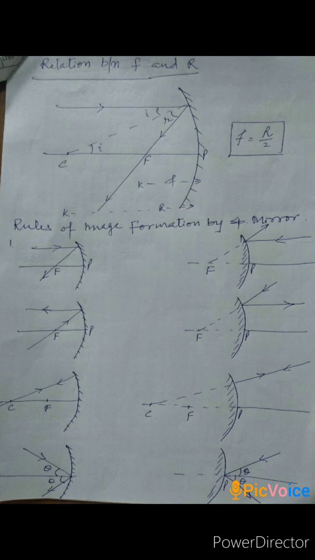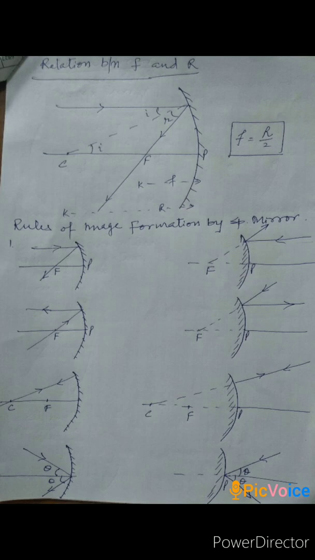The normal is the line going to the center of curvature C. I and R are the angle of incidence and angle of reflection. The distance from the pole to the focus F is called the focal length f, and the distance from the pole to the center of curvature C is R, the radius of curvature. The relation is: the focal length of the mirror, concave or convex, is equal to half of the radius of curvature.